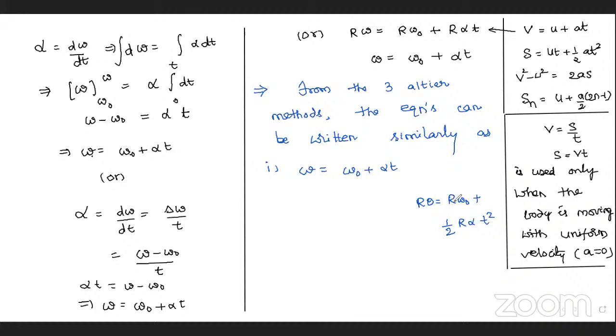From this, if you take r out and cancel on both sides, you will get the second equation: theta is equal to omega naught t plus half alpha t square.